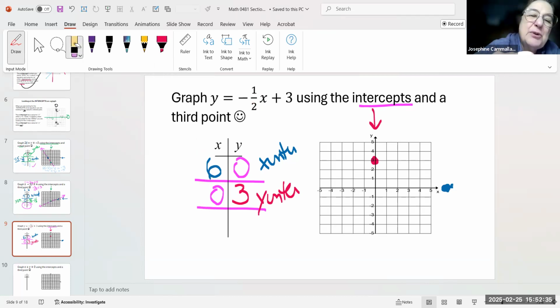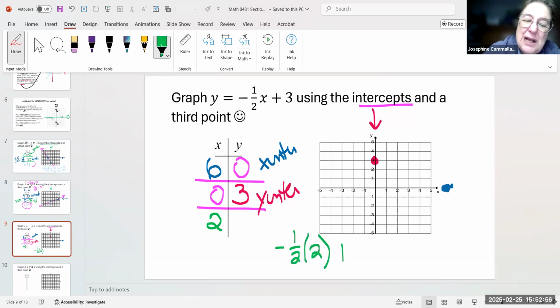Do you see I have a number 2 here? How could I get rid of fractions? By making that x value a 2. Negative 1/2 times 2 plus 3.